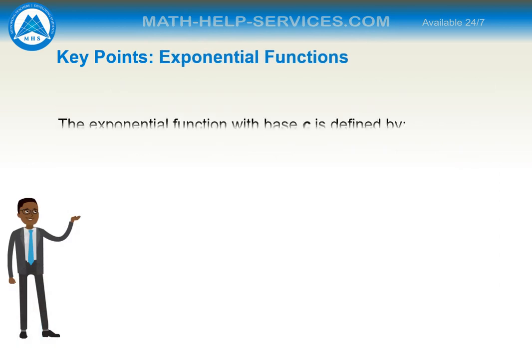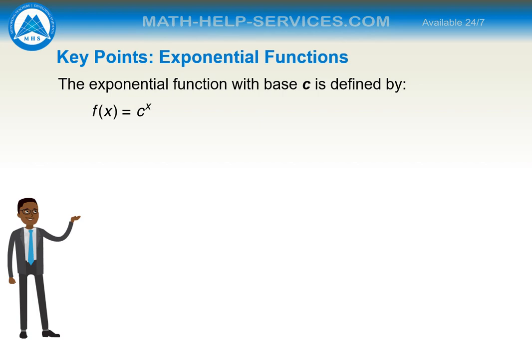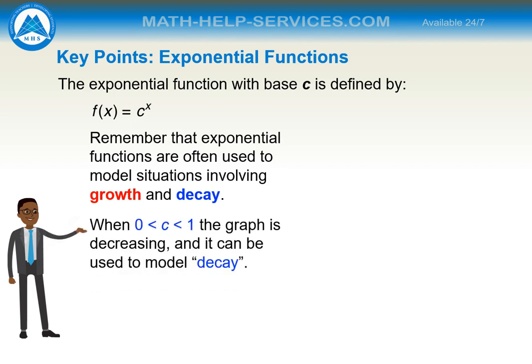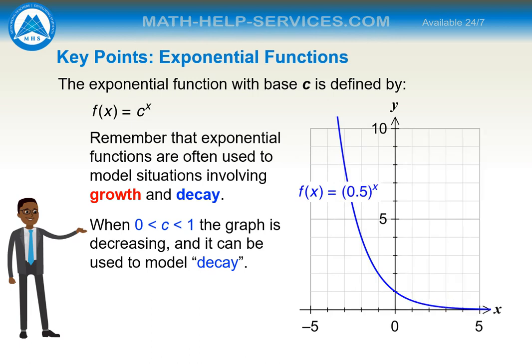Now let's look at exponential functions. The exponential function with base c is defined by f of x equals c to the x. Remember that exponential functions are often used to model situations involving growth and decay. When the c value is between 0 and 1, the graph is decreasing, and it can be used to model decay.